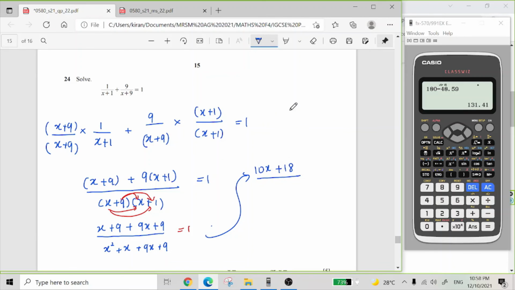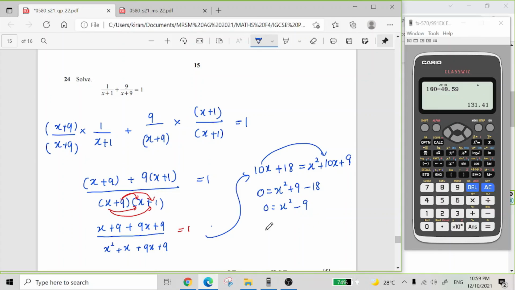We bring it to the other side because we multiply it by 1, so we get the original one here, equal to x square plus 10x plus 9. So we simplify: x square, the 10x cancels to zero, and then 9 minus 18, so x square minus 9.